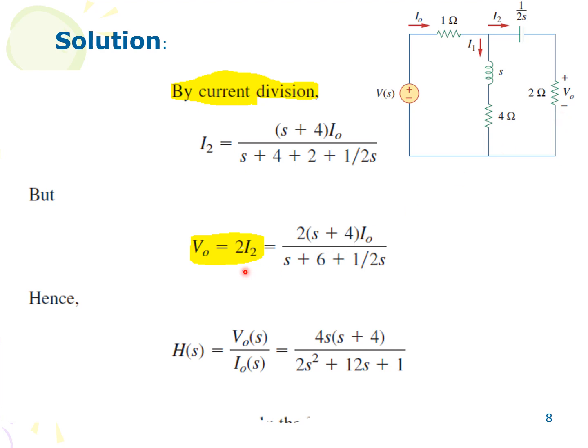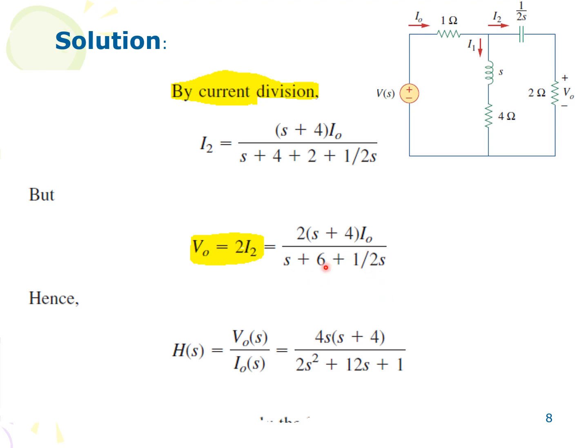Now, putting the value of I2 and applying Ohm's law in order to find V0, V0 is equal to twice I2. So this equation is multiplied by 2. Now, dividing both sides of the V0 equation by I0, we will get the transfer function. So H(s) is equal to V0(s) divided by I0(s), and it is equal to 4s into (s plus 4) divided by 2s square plus 12s plus 1, because if you take the LCM of the denominator term, the LCM will be 2s.